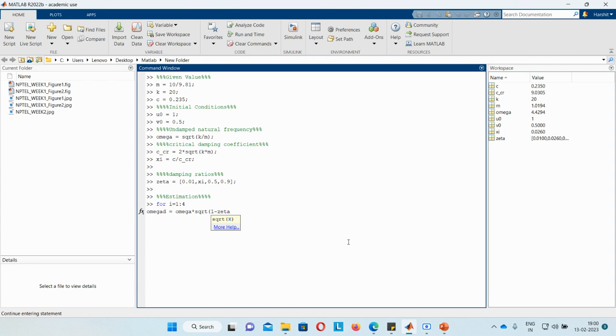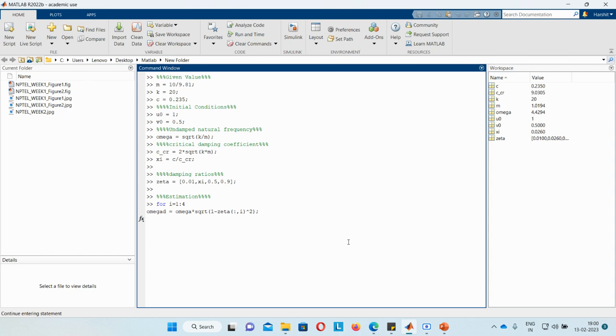I will take one value at a time. This is the syntax: zeta, bracket, colon, comma, i. It will take one value of zeta from the list and calculate omega d for the same, squared. This is how we define omega d for each zeta.